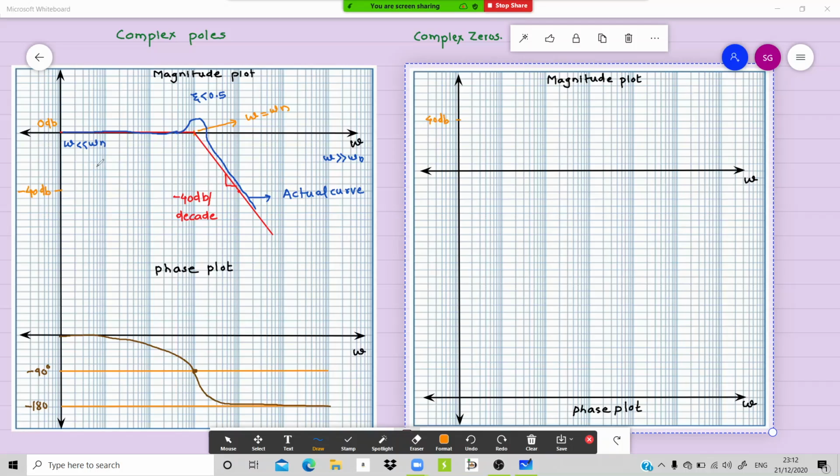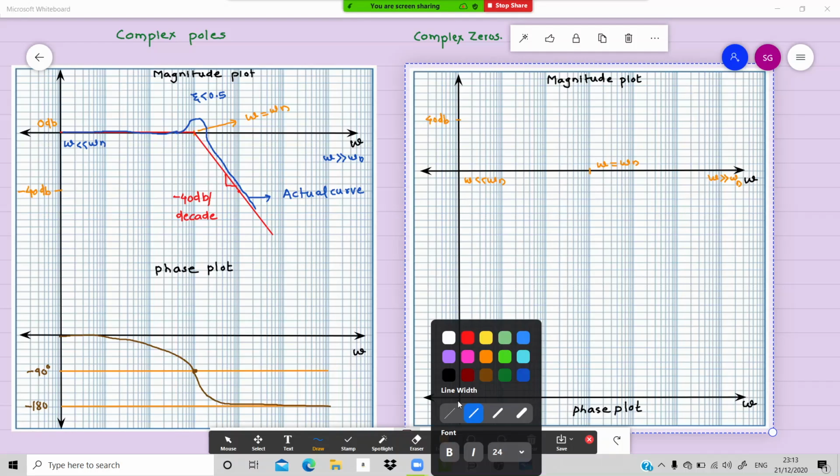Okay, and 1, 2, 3. So this one is omega is equal to omega n. This is omega very much less than omega n and on the higher side. Alright. Now till this point you are going to get a straight line. So I'll draw that.